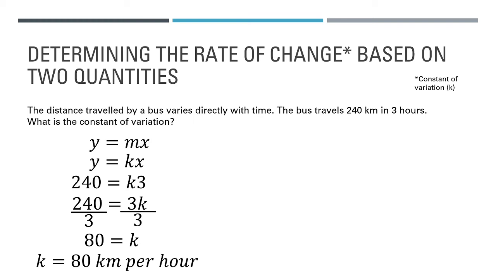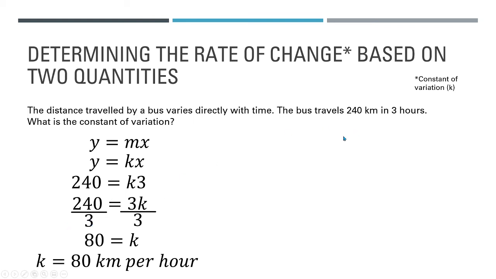Now, what did I actually do here? In this case, what I did was I ended up dividing the y quantity, the dependent variable quantity, 240, by the x quantity, which was 3, and I got the answer. So you can see there's a bunch of extra steps here, when really all I needed to do was 240 divided by 3.